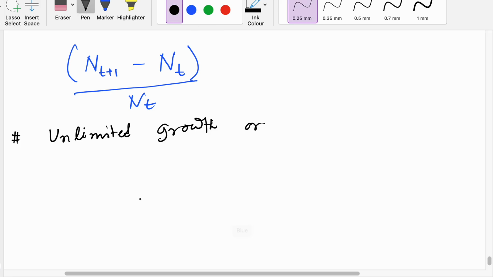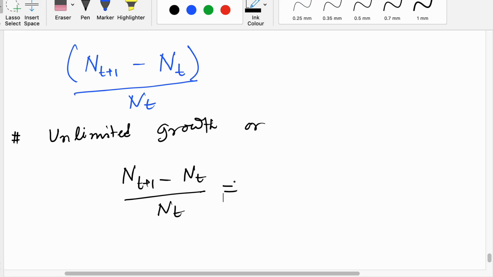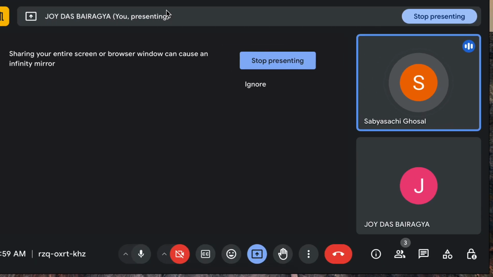What should be this rate of growth? N(t+1) minus N(t) divided by N(t) is the per capita growth rate. If there are unlimited resources available, what should be the per capita growth rate?